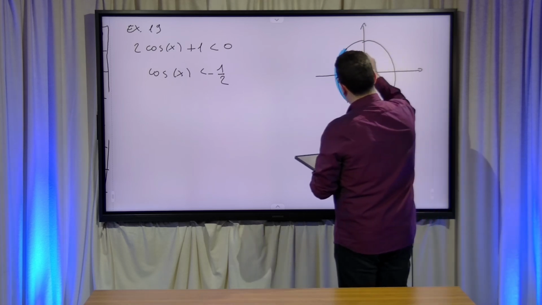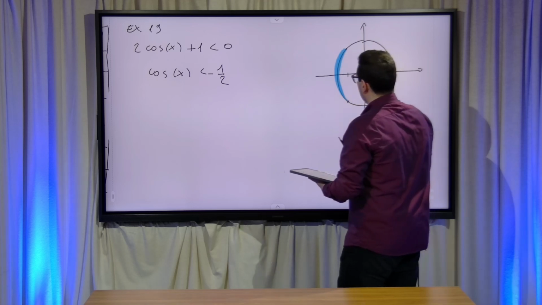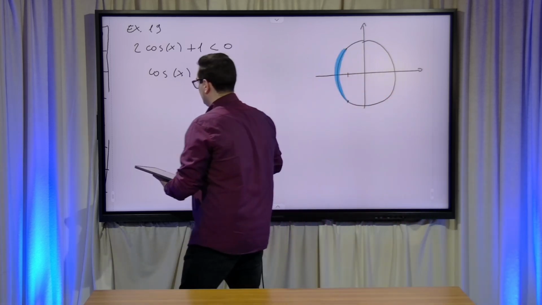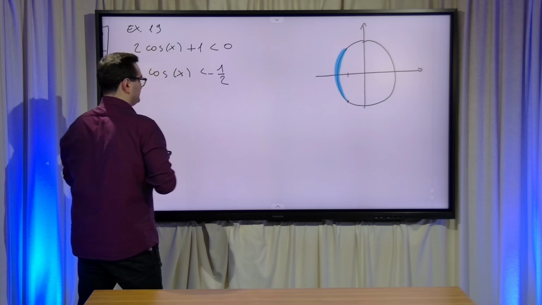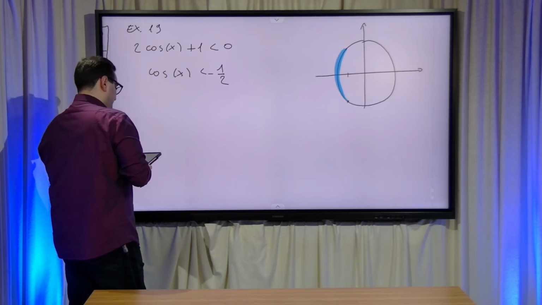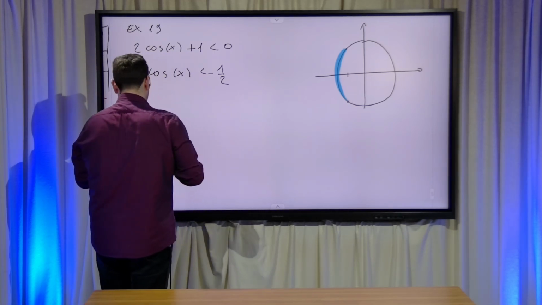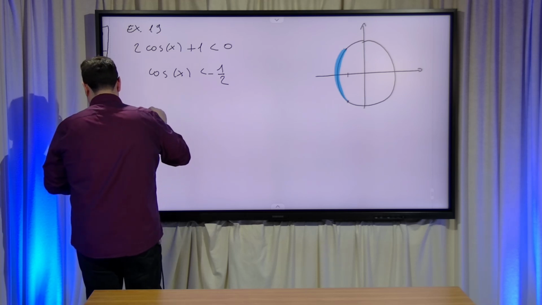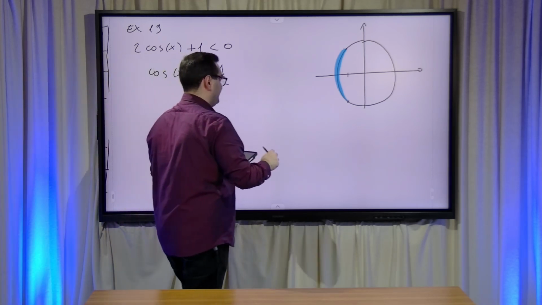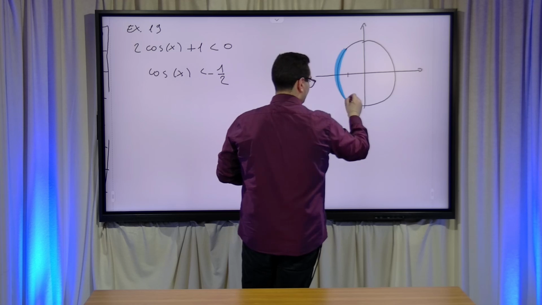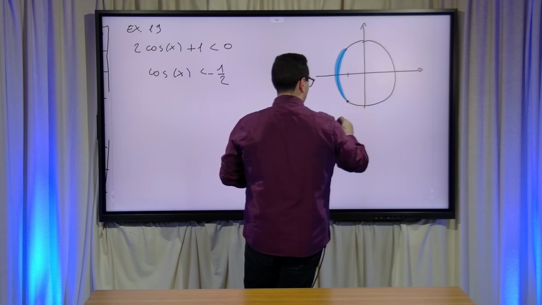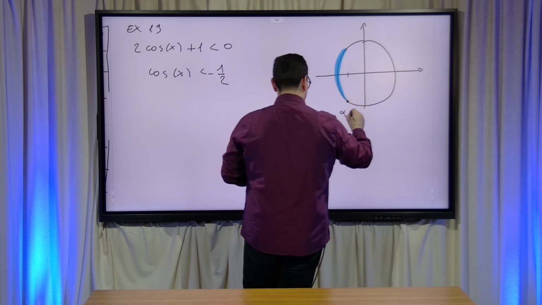So the point given by the angle that composes the arc. And this is, okay, let's write this point P here, given by the angle.